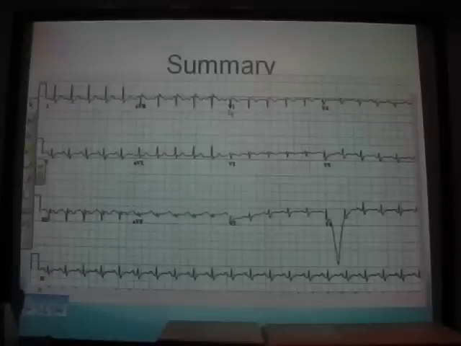In V1 there's only a downward one. Is that abnormal? No, that is normal. You have a smaller R wave and deeper Q wave in V1, and the R wave gets gradually larger as you go through the chest. So how do you know that a downward Q in V1 is normal but not in 3?